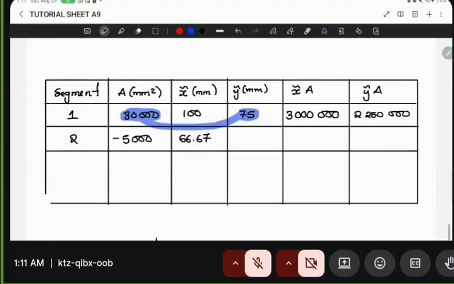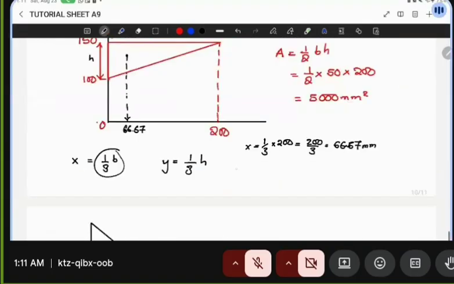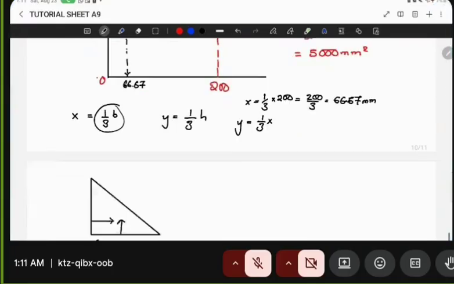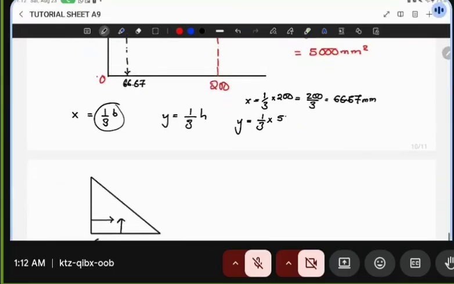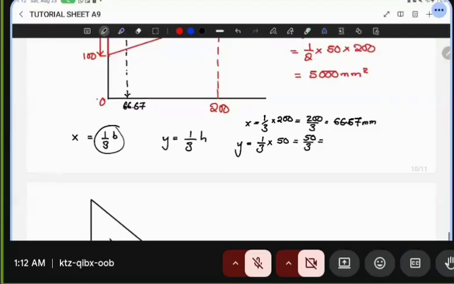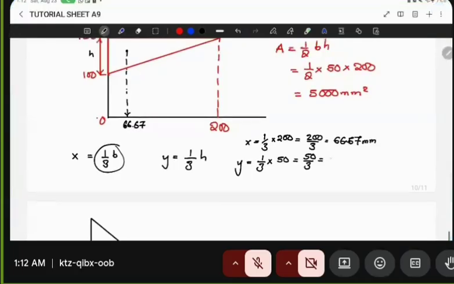Now look at y. When you try to find y, it will be 1 over 3 of h. H here is 50, right? So 1 over 3 of 50, so we have 50 divided by 3. What are we getting? 16.67.